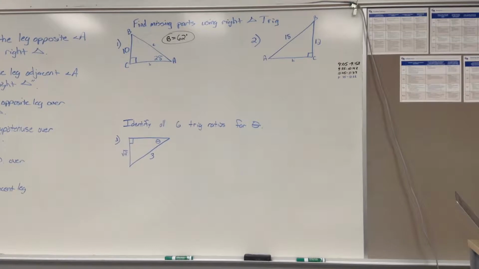Does anybody think they could come up with an equation using sine, cosine, or tangent that would help us to find one of those variables that we do not know the length of? You might want to give it a shot. Oh, you remember using inverse?